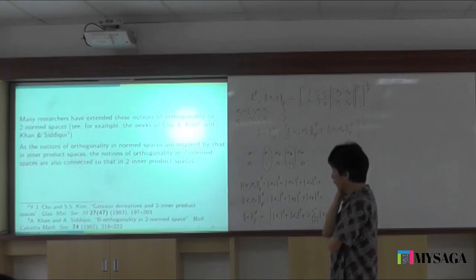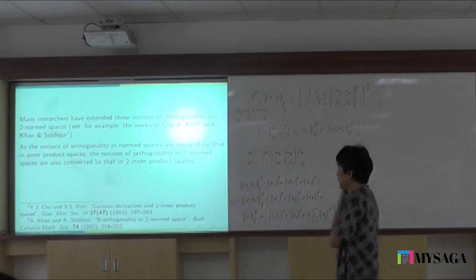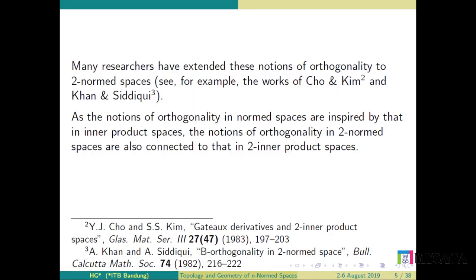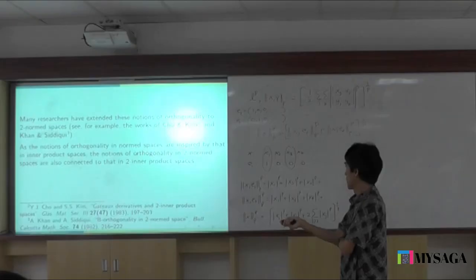Yeah, in the year 2000 something, we learned that many researchers have extended these notions of orthogonality to two norm spaces. For example, the works of Cho and Kim, 1983, and also Khan and C.P., 1982.